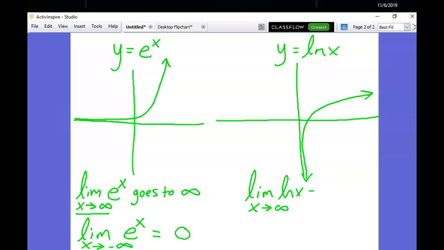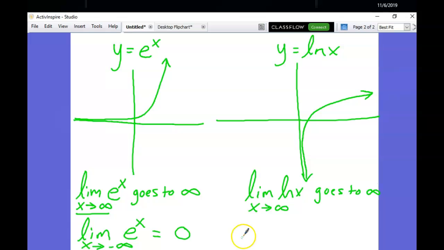Well, better get rid of those equal signs because it's an infinity again. As I go to the right, it doesn't go up very fast, but it does keep rising higher and higher and higher as we move on into infinity. So the answer is it goes to infinity as well.